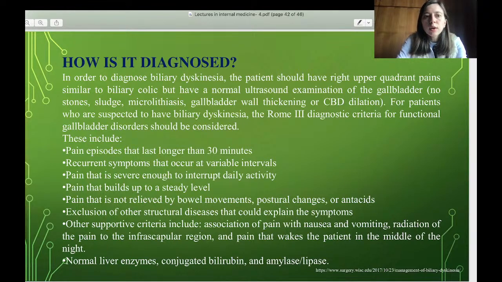For patients who are suspected to have biliary dyskinesia, the Rome IV diagnostic criteria for functional gallbladder disorders should be considered.